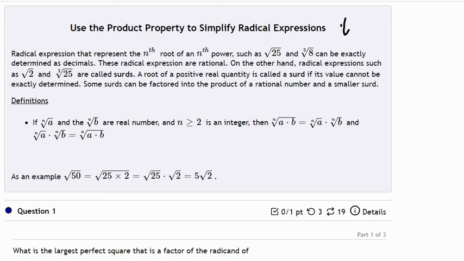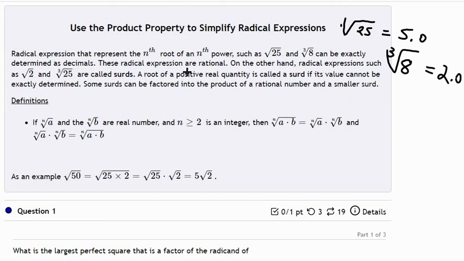Namely, the square root of 25 is just 5, and the cube root of 8 is just 2. So we can get exact decimals for those, 5.0 and 2.0. So these can be expressed exactly as decimals.